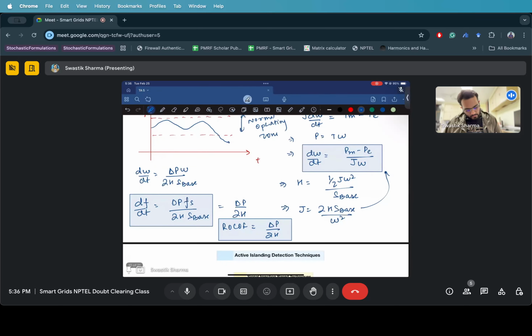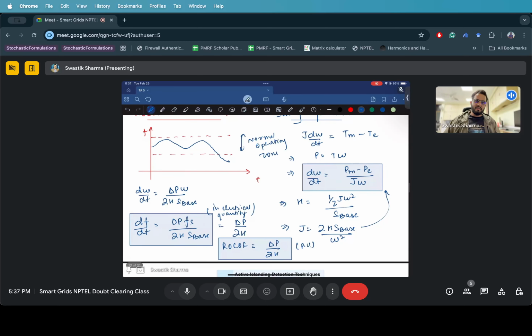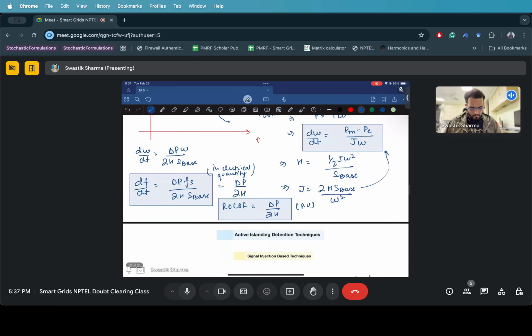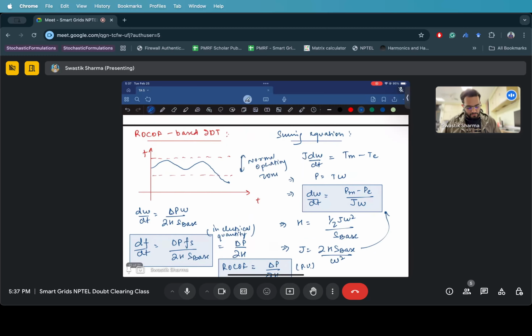And in pu, this is in electrical quantity, right? Everything in its quantity domain. So this is how we check. If there is power mismatch, the ROCOF will always be there. There will always be a positive value associated with it.